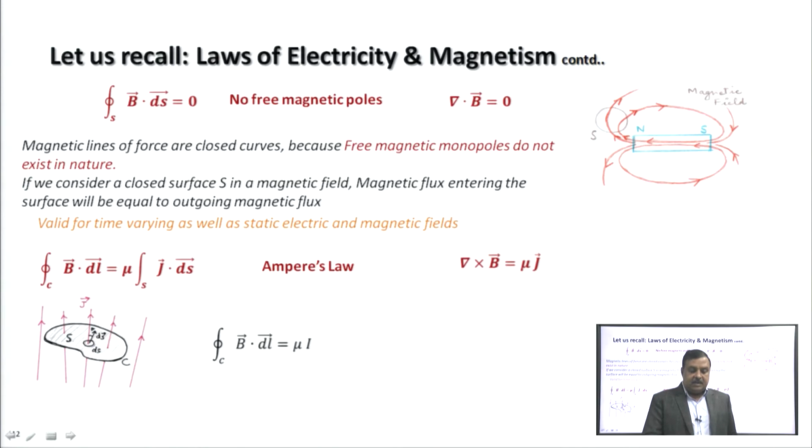In the left hand side, the integral is evaluated over a closed path, the magnetic field is integrated over a closed path, and in the right hand side the current density J is evaluated over the surface which is enclosed by the closed path. Mu is the permeability of the medium. In differential form, this is written as del cross B equal to mu J, J is current density. Ampere's law is not valid for the time varying case. We will see it.